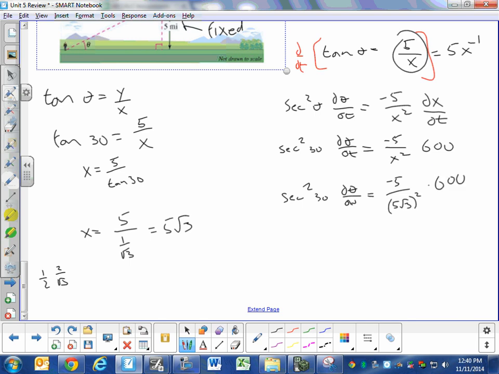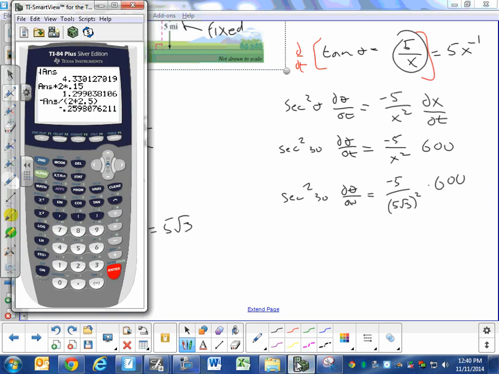Use your calculator to get the answer. Now, if I have 30 degrees, my calculator needs to be in degree mode, not radian mode. So let's go into degree, or you can just do pi over 6 in radian mode, whatever. I'll do 1 over cosine 30 squared. That will be divided into this stuff.